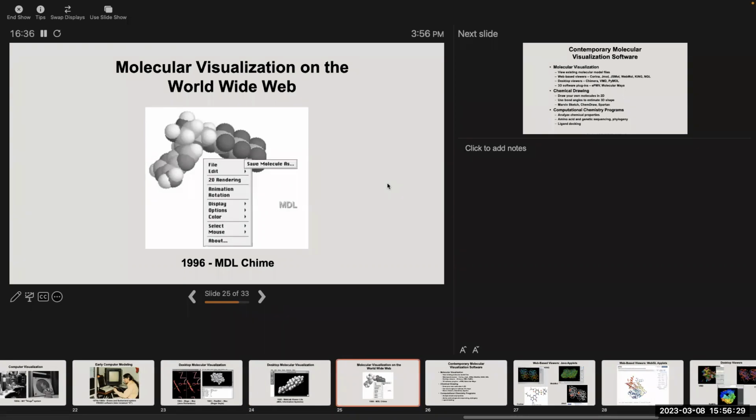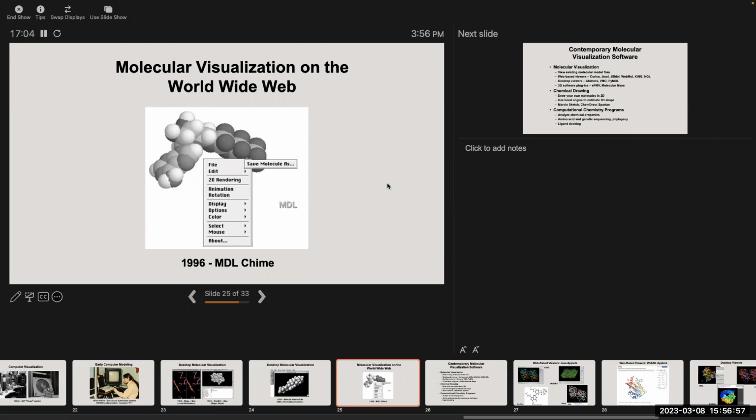But anyway, it was a plugin that you could install into your web browser. I mean, in 1996, there was this newfangled thing called the interwebs, and you could install this MDL Chime plugin inside your web browser, in Microsoft Internet Explorer or Netscape Navigator. You guys have no idea what I'm talking about. These were old web browsers.